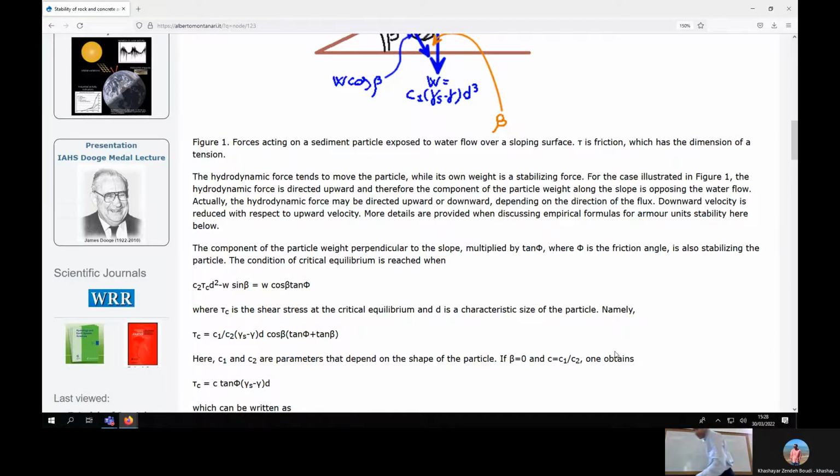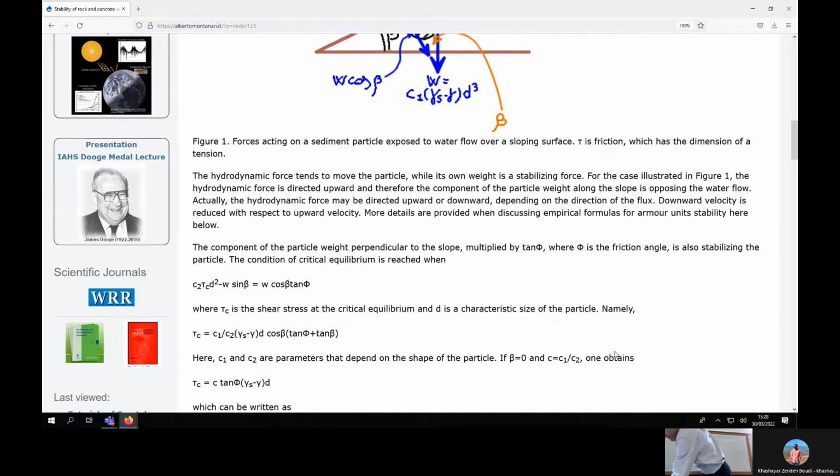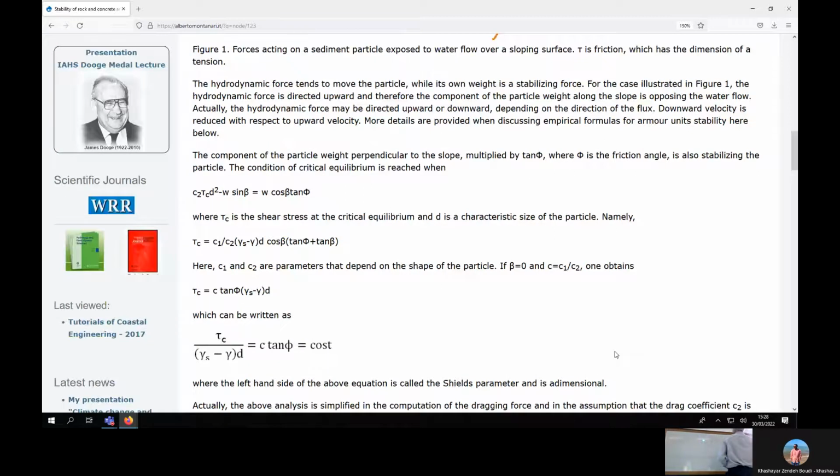Now what I want to do, I want to find an explicit representation for tau. Why? Because I want to find the value of the shear stress that is so-called critical, which basically corresponds to this equality here.